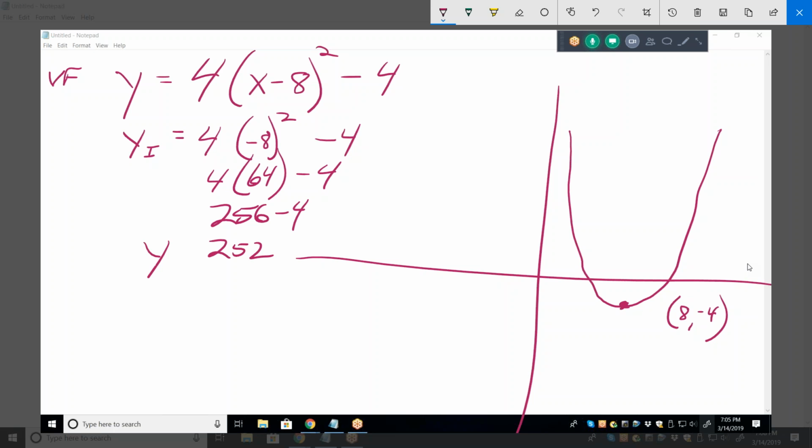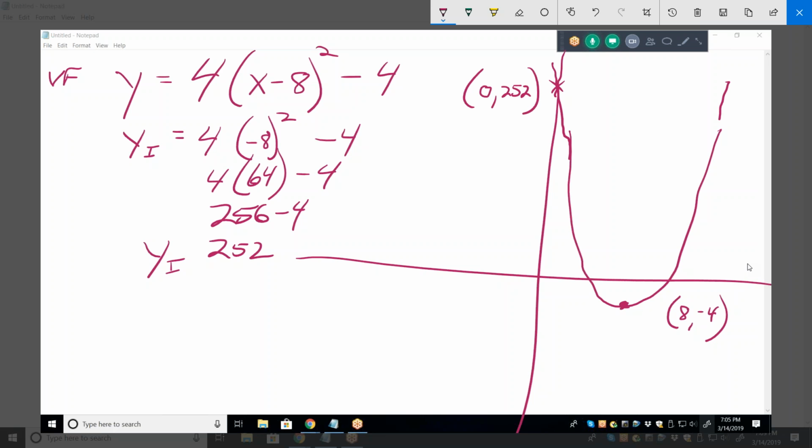That is the y-intercept. So let's pretend I got a nice big graphing thing here. Tell me what this point is right there. That's (0, 252).